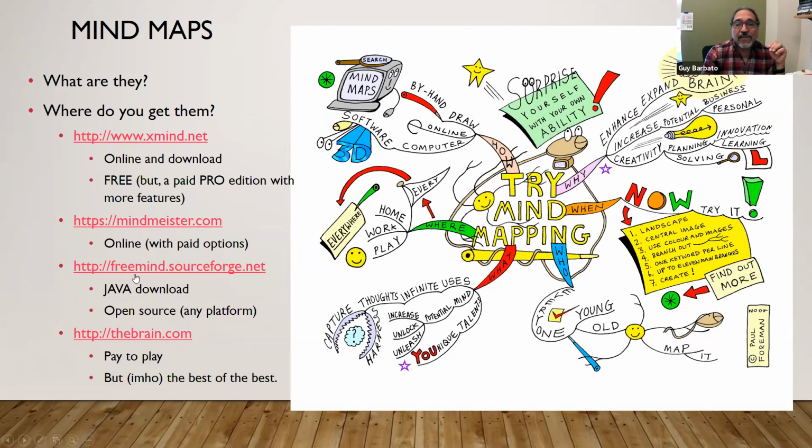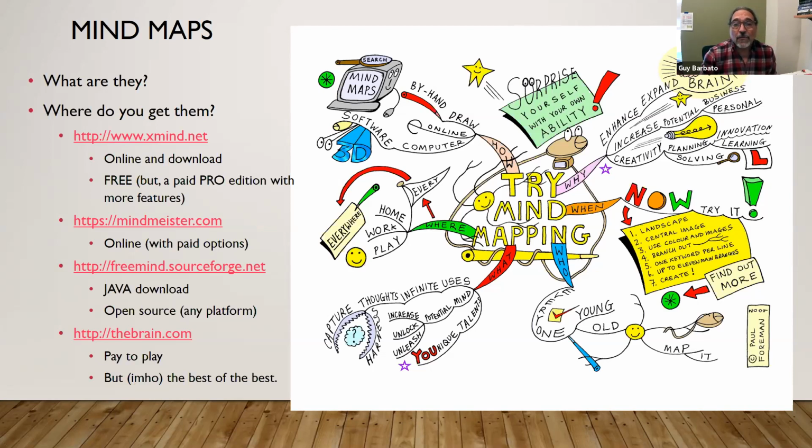I'm a huge fan of FreeMind. FreeMind is a downloadable package. It is written in Java, which means it can be run on any platform. So it doesn't matter if you're using Unix, Linux, Mac computer, iOS. In fact, if you jailbreak your Android phone, you can now run Java on it. You could run FreeMind, or you can run it on a Windows platform as well.